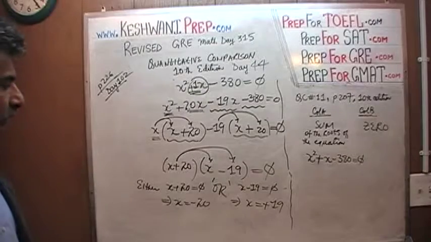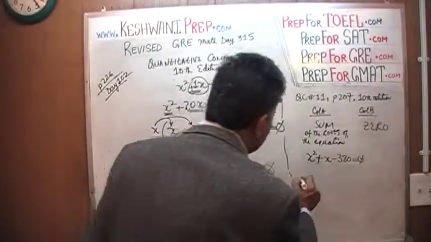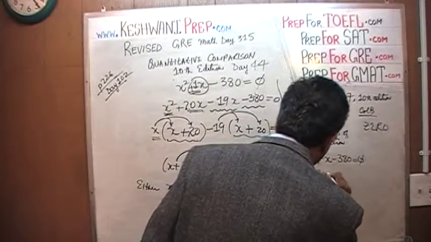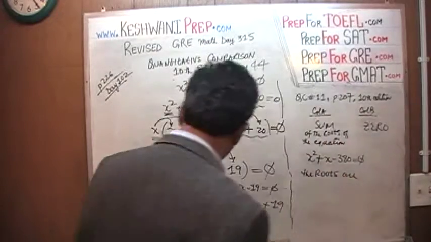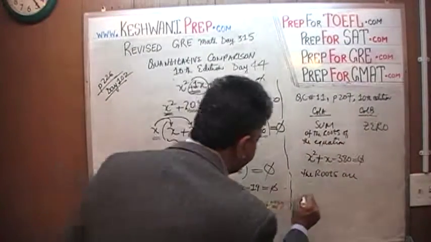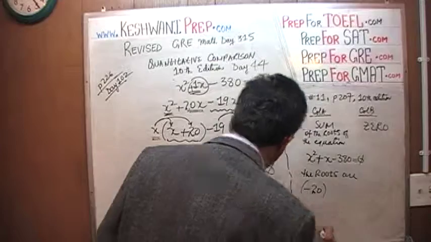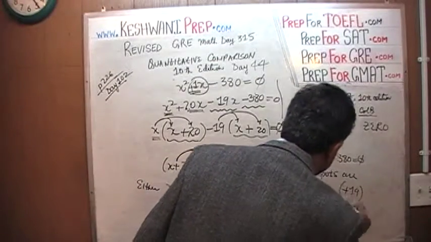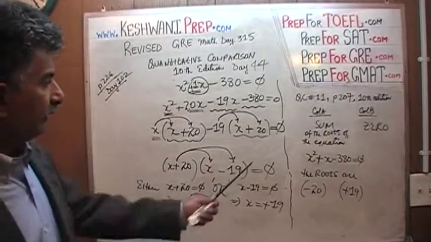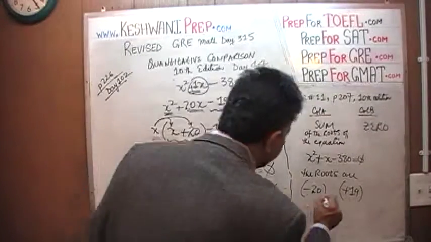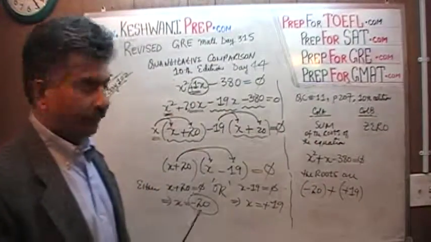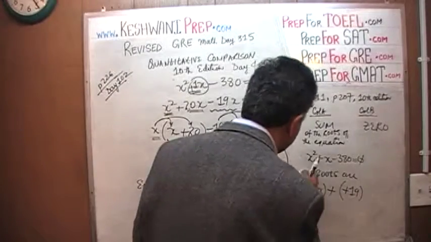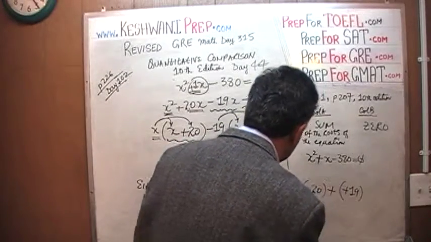That's it, we are almost done. So the roots are -20 and +19. We are looking for their sum. The sum of the roots is going to be this. So instead of saying the roots are, I should have said the sum of the roots.